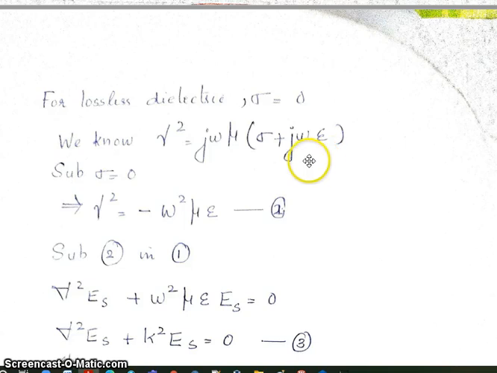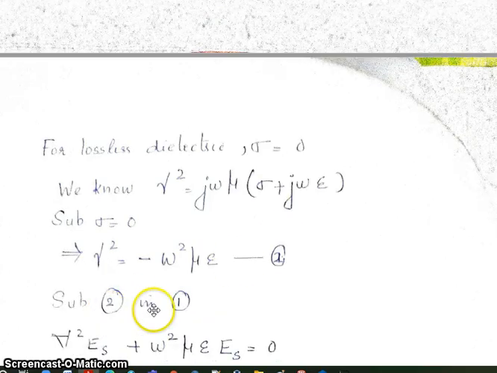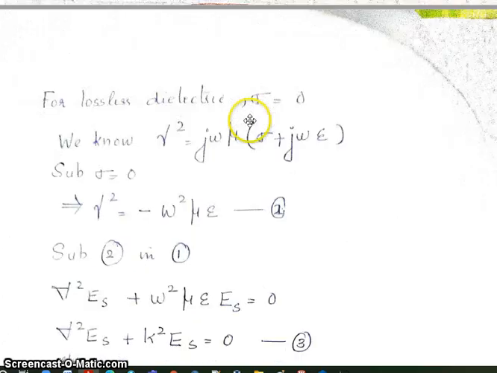Okay, now what we are going to do is substitute sigma is equal to 0 in this expression, so that I will get gamma square is equal to minus omega square mu epsilon, which is my equation 2. Next, I am going to substitute equation 2 in equation 1.